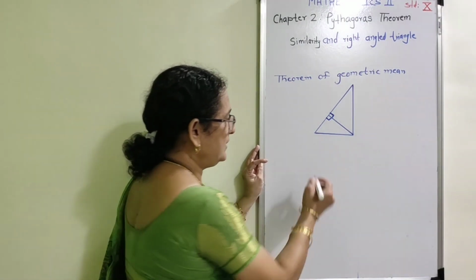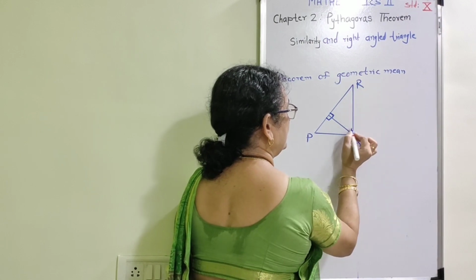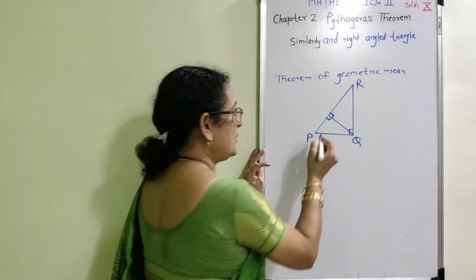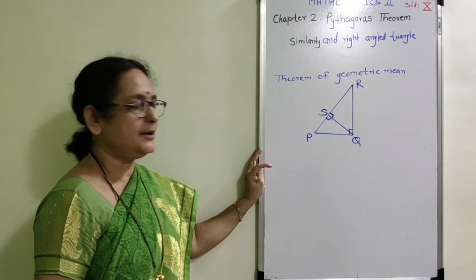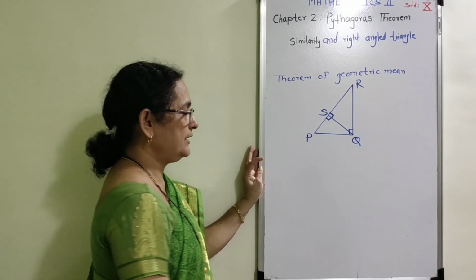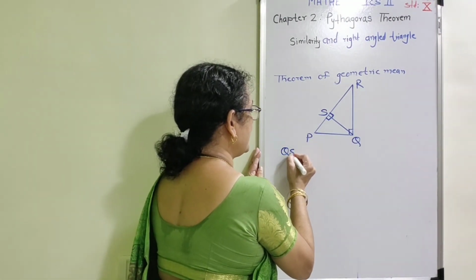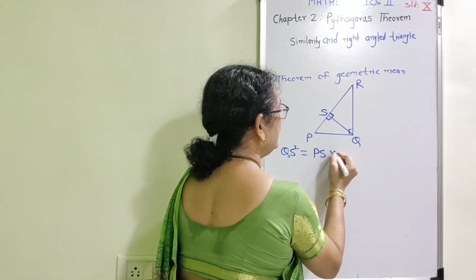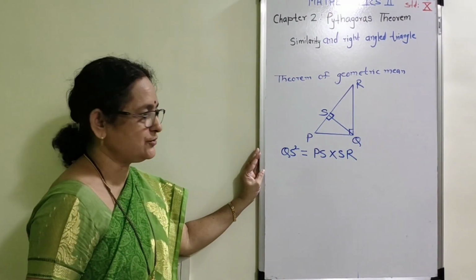Now in triangle PQR, angle Q is of 90 degrees as well as QS is the perpendicular on hypotenuse PR. Now in this case we will get QS square is equal to PS into SR. This is what we are going to prove.